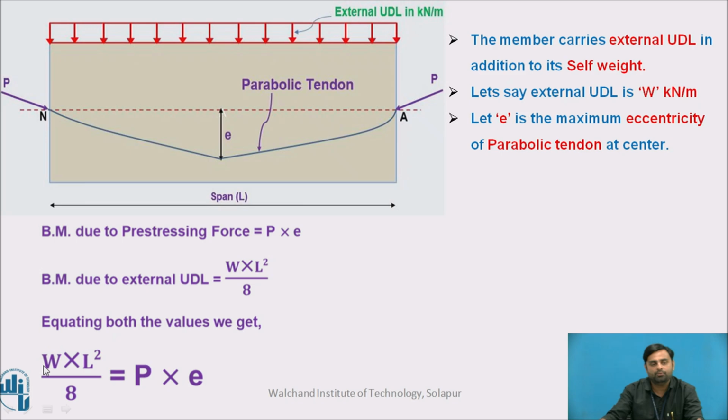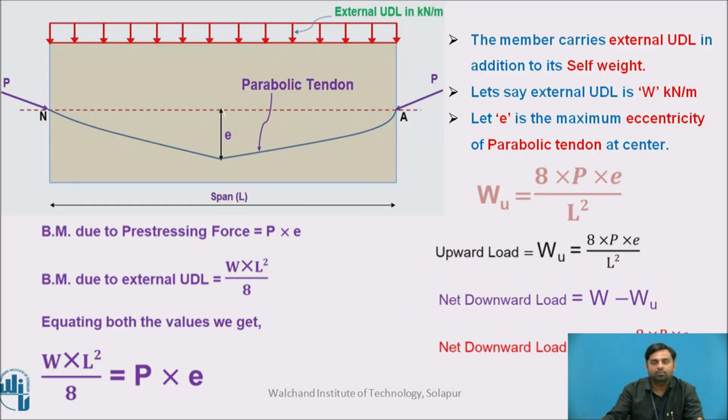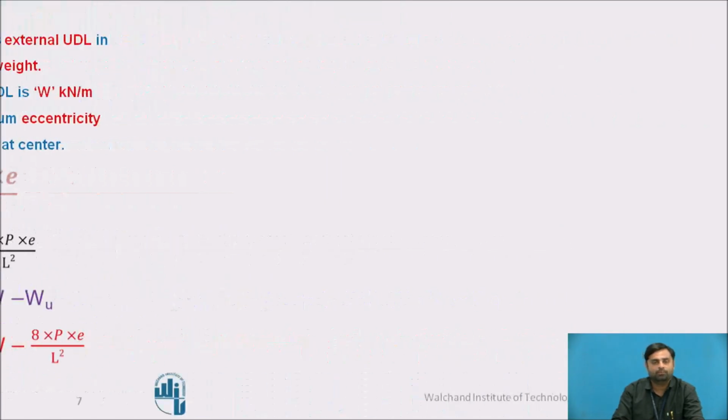Now we want the value equal to W, so that we will get the upward force. So now here this Wu, that is the upward load, is 8Pe upon L square. So this is your upward load. Now net downward load is W minus Wu, that is W minus 8Pe upon L square. This is your net downward load.